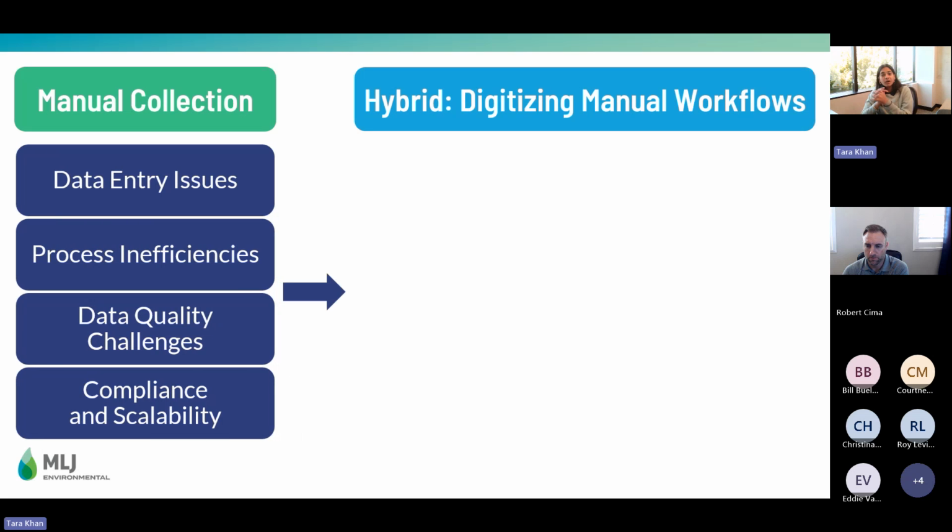All right. So what I want to spend the majority of our time today talking about is hybrid data collection strategies. What I mean by hybrid data collection is that we are digitizing manual workflows.